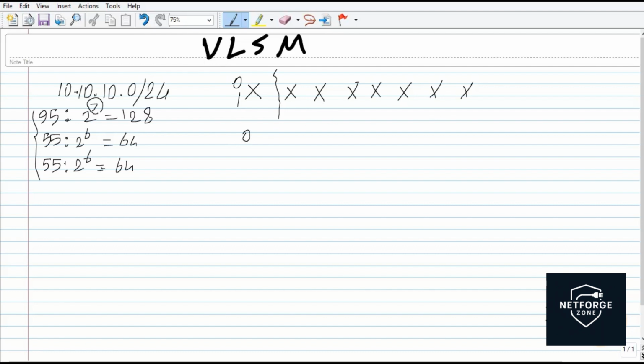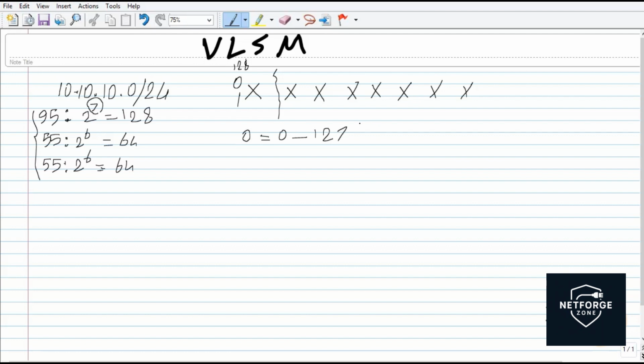You know that this 0 has a value of 128, and because it is off, I cannot give it anything. So the rest can be 0 to 127, and plus this 0, we have 0 to 127.